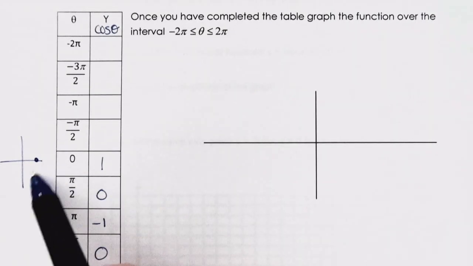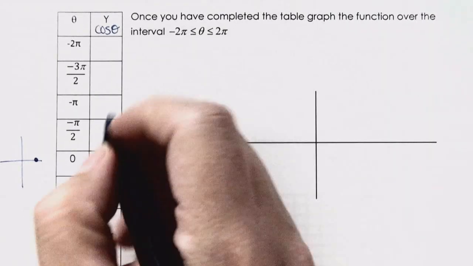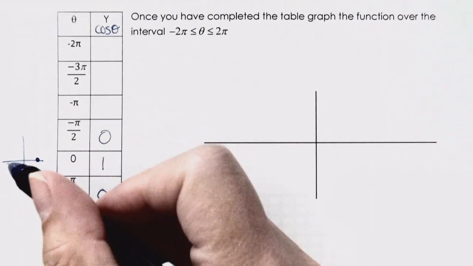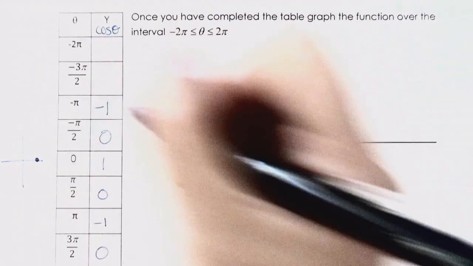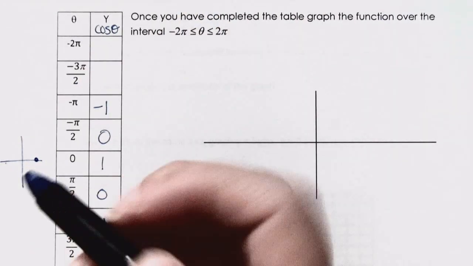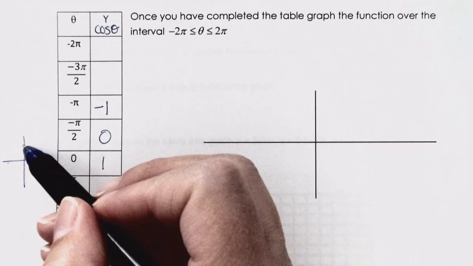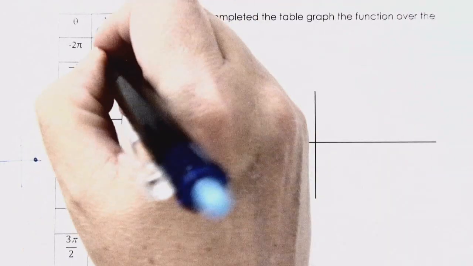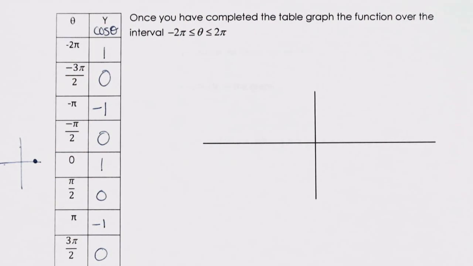Negative pi over 2, so we're back here, 0. Negative pi, negative 1. Negative 3 pi over 2, 0. Negative 2 pi, 1. Yeah.